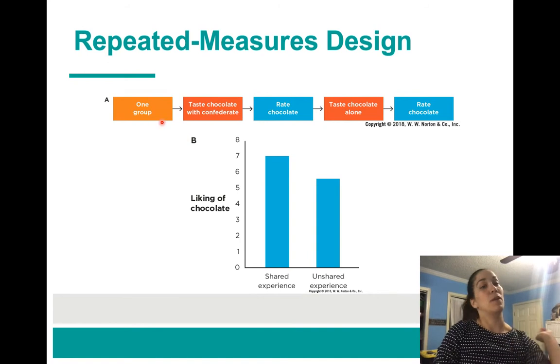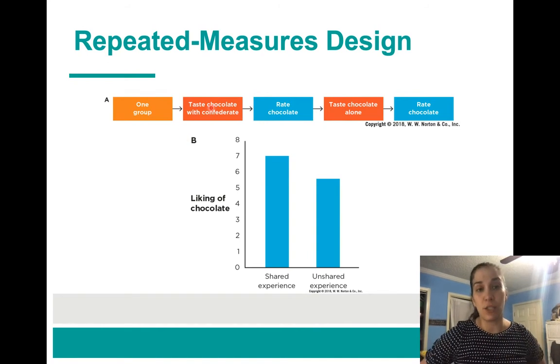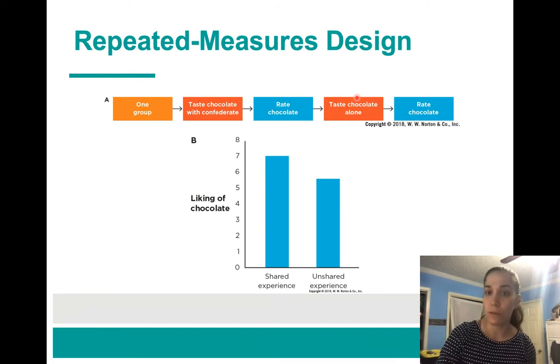And so you give chocolate to your participants, when they're sitting in a room with somebody else, and then you have them rate their chocolate, how much they like it. Then you give them another piece of chocolate, but when they're alone, and then they rate their chocolate again. So every participant in your group is exposed to level 1 of your independent variable, tasting chocolate with somebody, and level 2 of your independent variable, which is tasting chocolate alone.